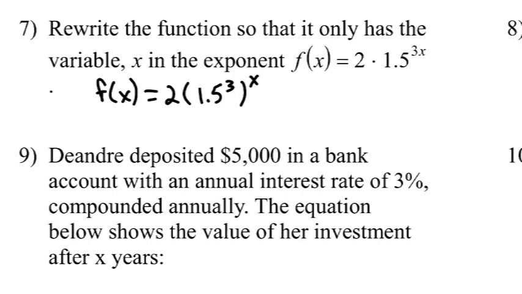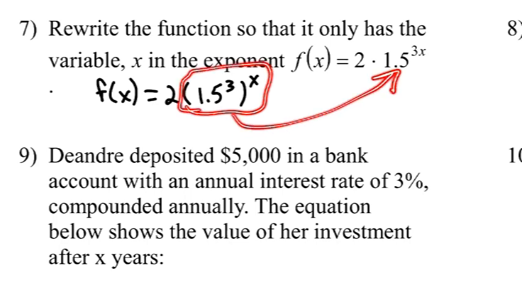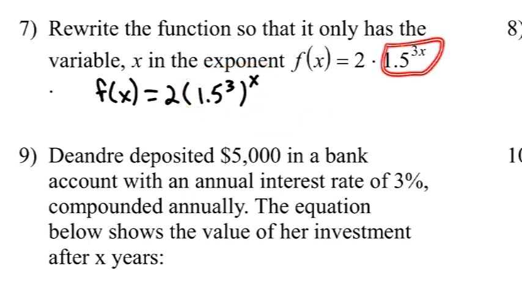So notice that what I did was I took this 3x, and the 3 becomes the exponent on the original base, and then all of that is raised to the x. So if you wanted to go from this to that, you could do that, which means that if you wanted to go from this to that, you can also do that.